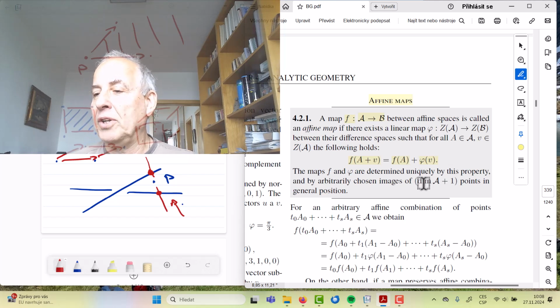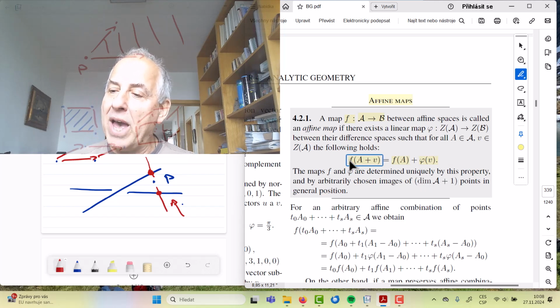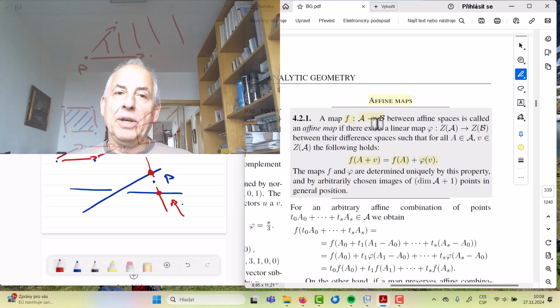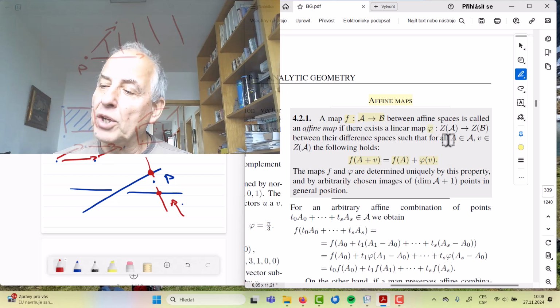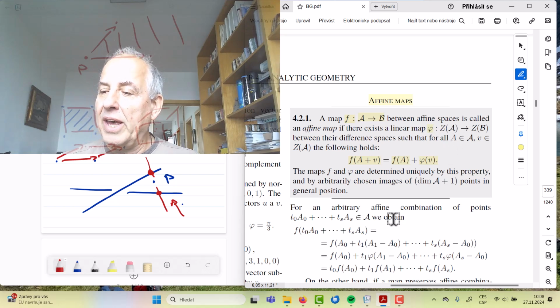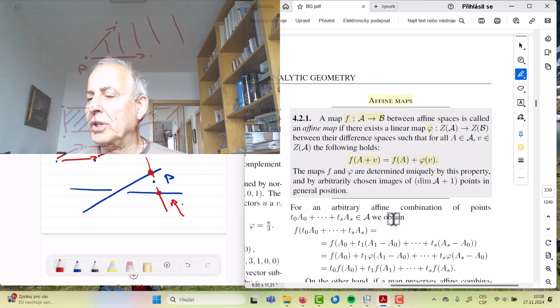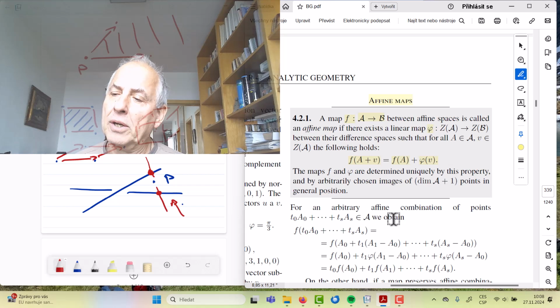So actually we need two maps. One is the map F between the points, and the other one is a linear map between the difference spaces. And this is of course the most natural definition, although it looks a little bit weird, right?